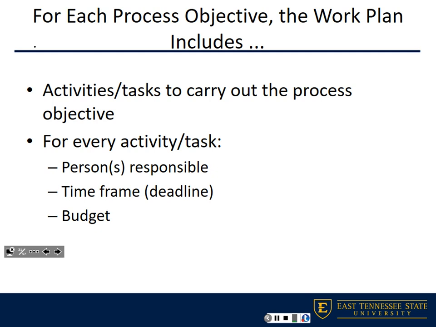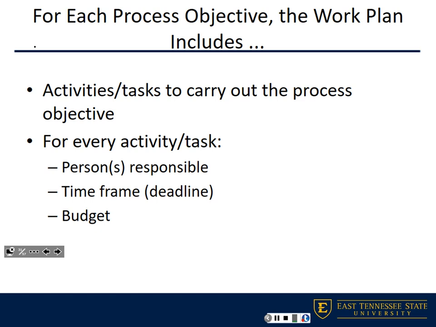Why should we identify the person responsible and the time frame? Why not just list the activities needed to achieve the process objective and stop there? Because nothing will get done, right? So we have to have a champion for each activity. We have to have someone responsible, a leader of that activity.